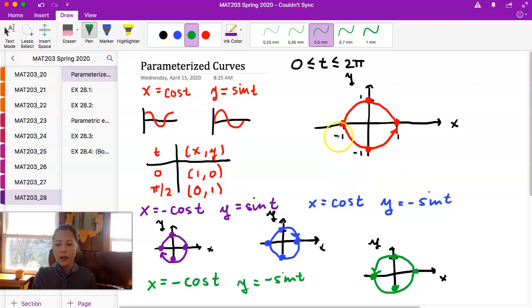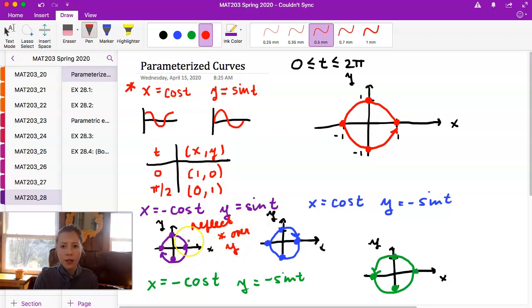Another way you can look at this is if we start with x equals cosine t and y equals sine t and compare, then this second example is a reflection of our first. I'm just going to put a little star here. We reflect over the y-axis to get that.